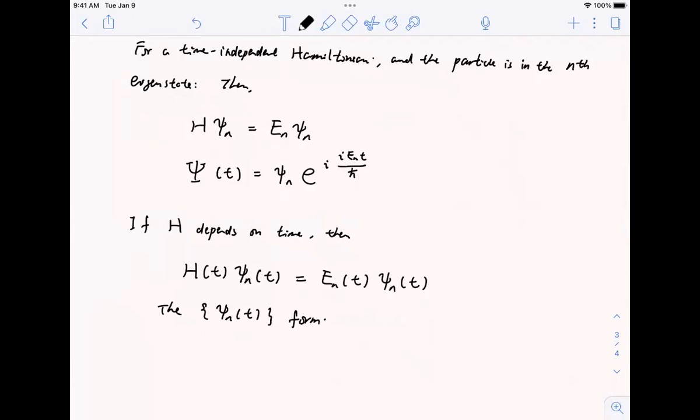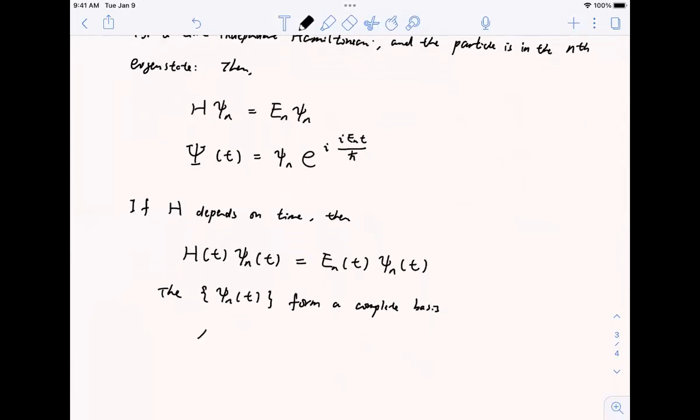Form a complete basis. And you have this orthonormal relationship. Okay, you have this orthonormal relationship.